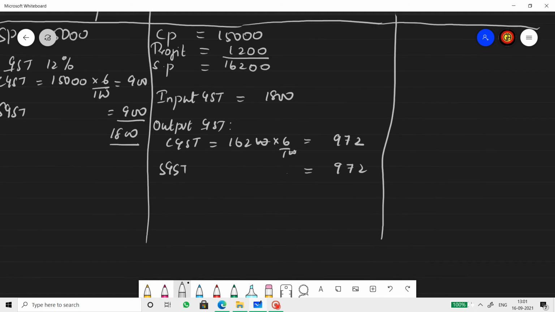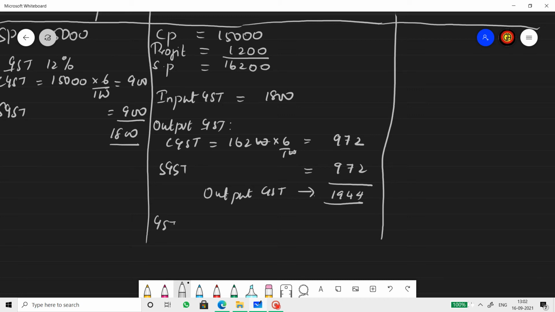So total output GST works out to 1944. So this is output GST full. Alright. So the GST paid by the wholesaler to the garment will be output minus input.